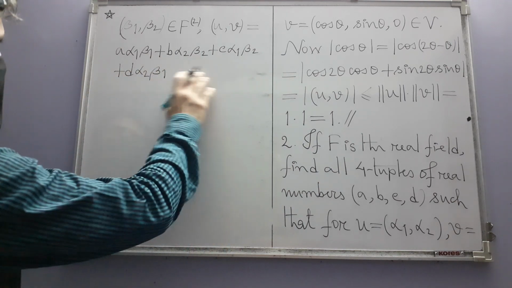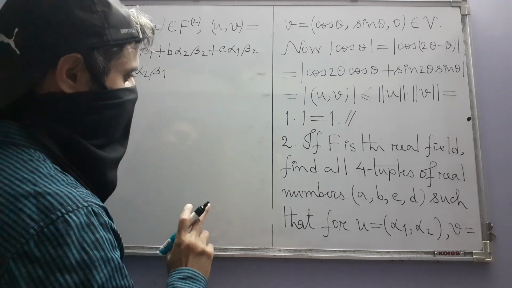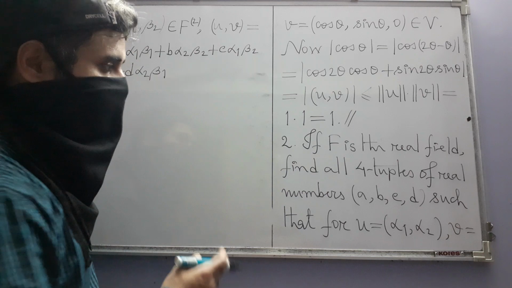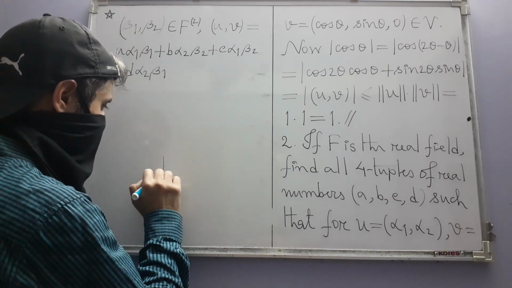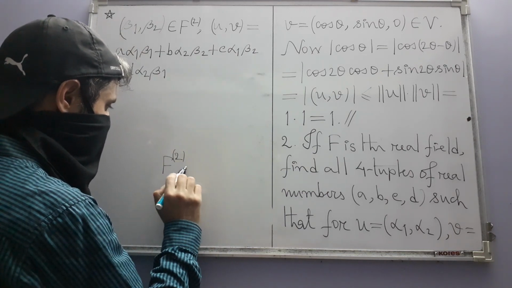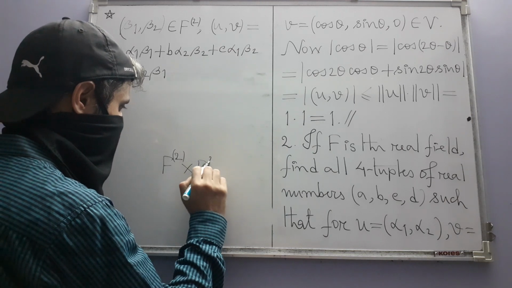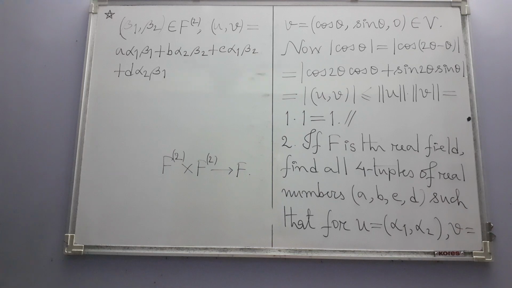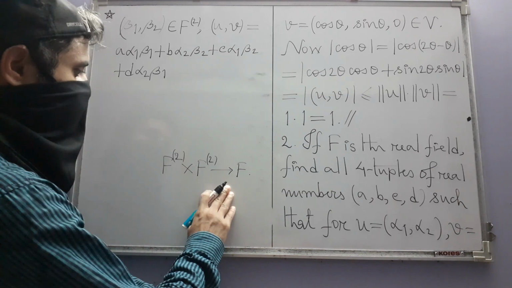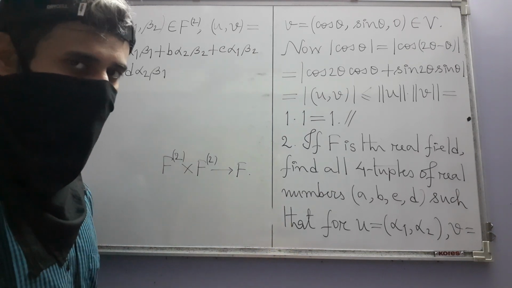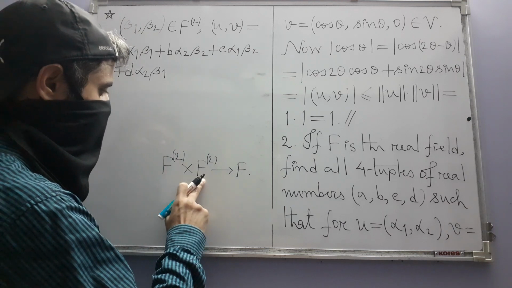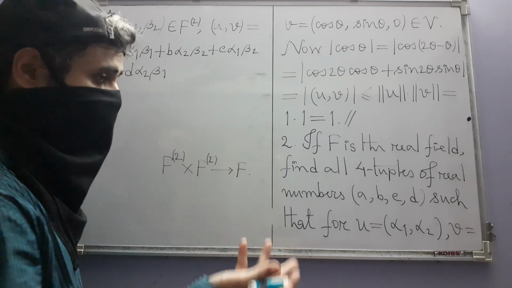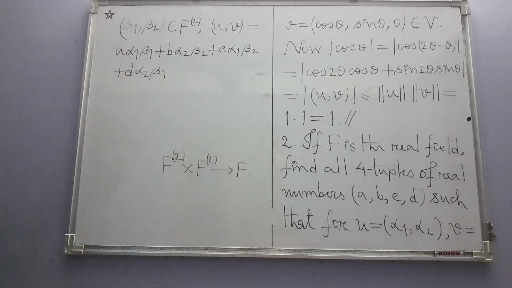Now before we complete this, you note that this is a function from this Cartesian product into F. So it's the type of function that can be an inner product, right? Because you are taking two vectors and the value is a real number.